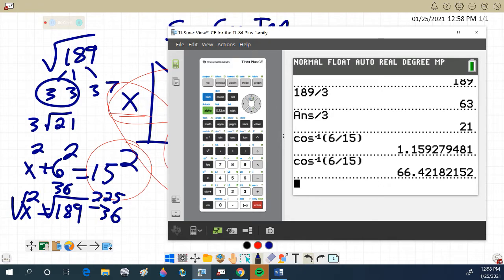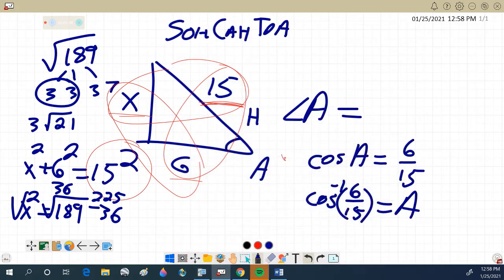Like if you're going to measure something, you want to use degrees. But if you're going to graph sine and cosine, or if you're going to do anything theoretical, radians make way more sense. So in the pretend world, radians are our choice, but in the real world, degrees are much better. So this angle is a 66-degree angle.